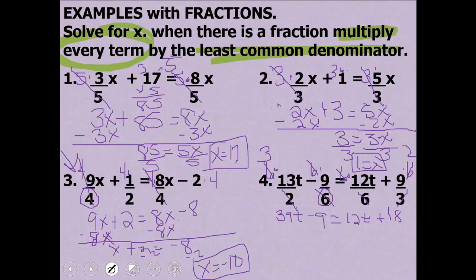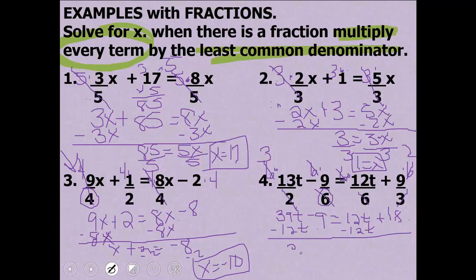Okay. Step 1 in our list of things to check is, do I have anything to combine on the left? No. Do I have anything to combine on the right? No. Do I have t's on both sides of the equal sign? Yes, so now I need to move them. To move it, I'm going to add the opposite of 12t to both sides.